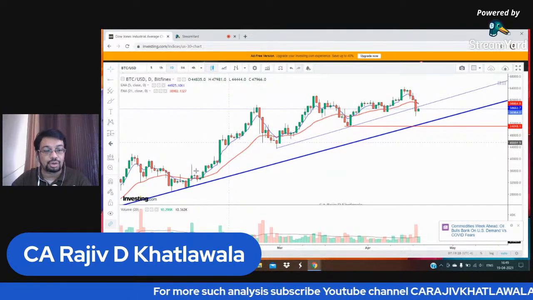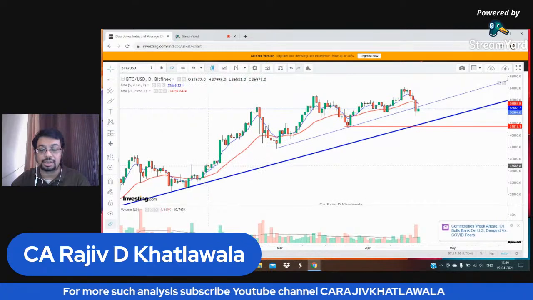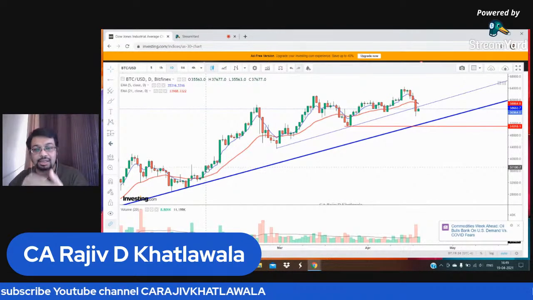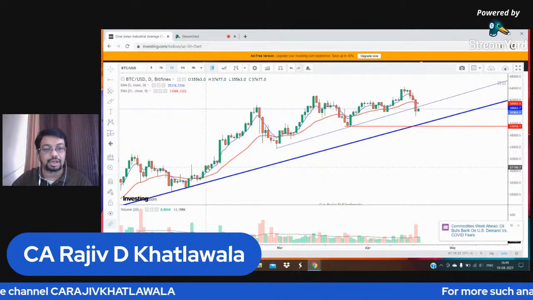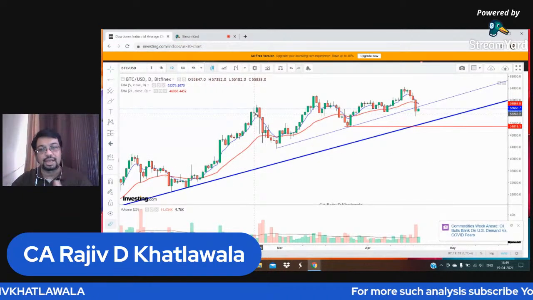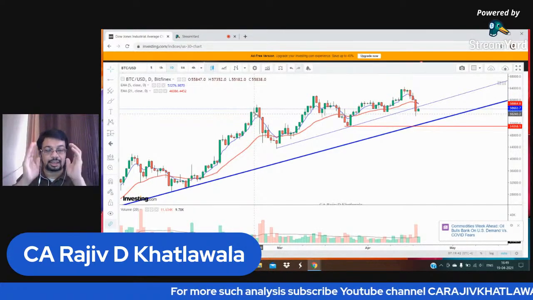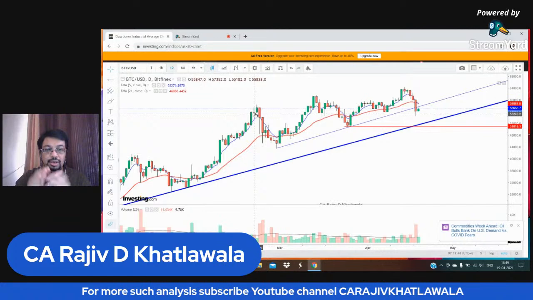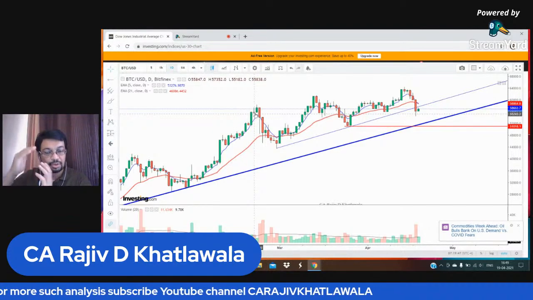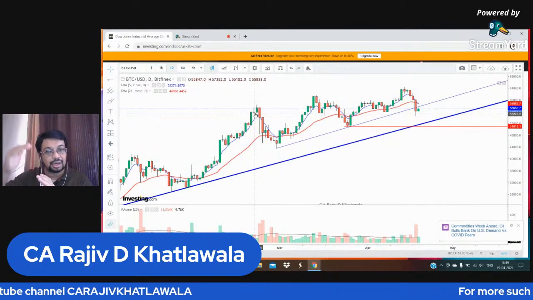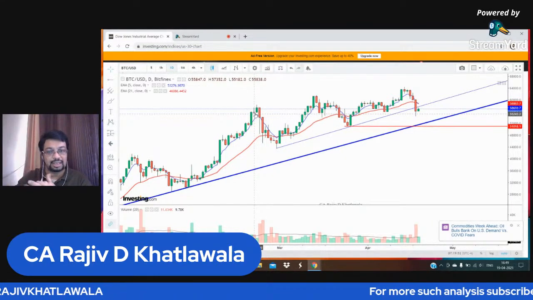So that sort of an evaluation, whether the condition is of a buying or a selling mode, is not necessarily valid for only 1 or 2 days, but it is valid for a few days or a few weeks. So when this is the daily chart, the time frame which we are taking is a few days or a few weeks.